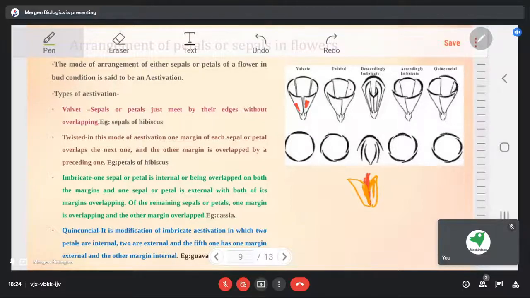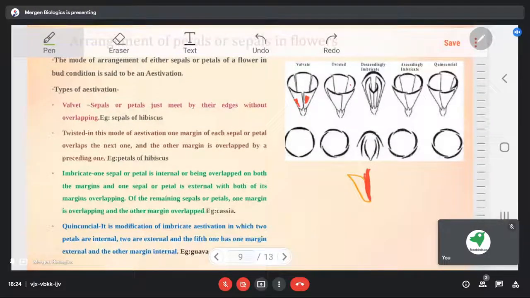Now we have the fourth one, that is quincuncial. This is basically a modification of imbricate estivation in which two petals are internal, two are external, and the fifth one has one margin external and another internal. Let me explain it again.